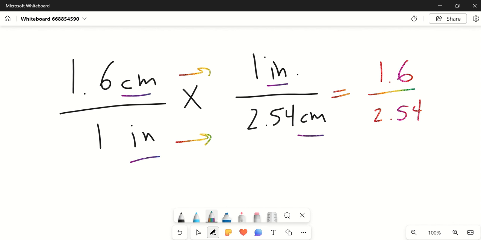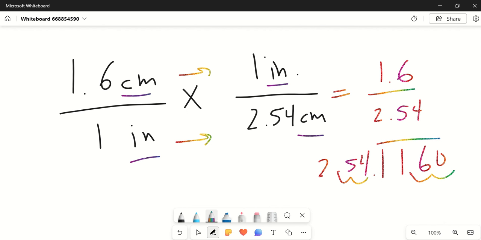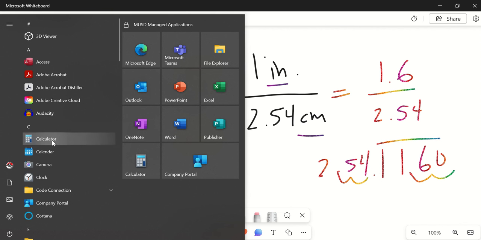So in order to find out how many inches 1.6 centimeters is, I'm going to do 1.6 divided by 2.54. This is one where I'm not even going to bother trying to do this by hand, because I'd have to figure out how many times this goes in. Just use a calculator.